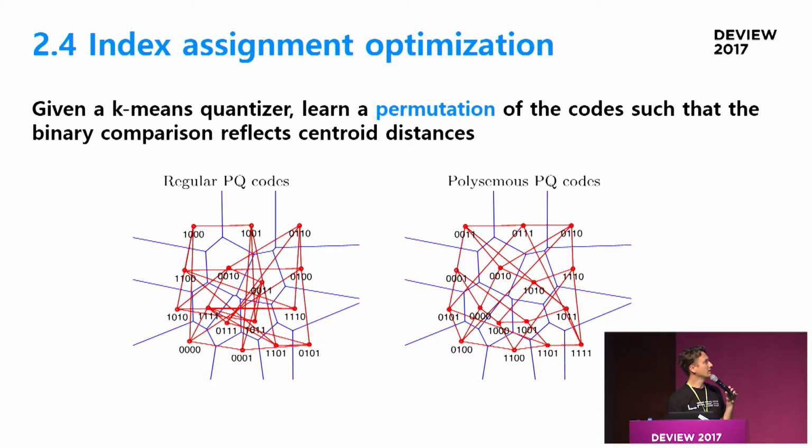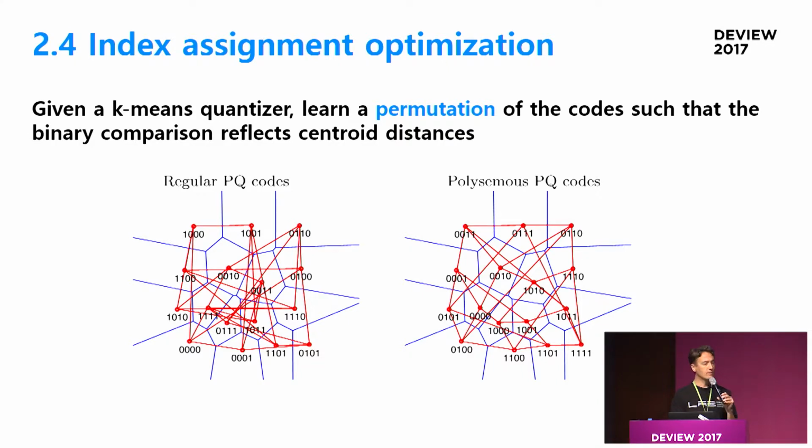Let me go into a bit more detail about this. Here I show a very simple case where we want to encode two-dimensional data on 4 bits. Here, I assume that with PQ we don't split the two-dimensional vector into subvectors. We encode it directly, with 16 centroids.